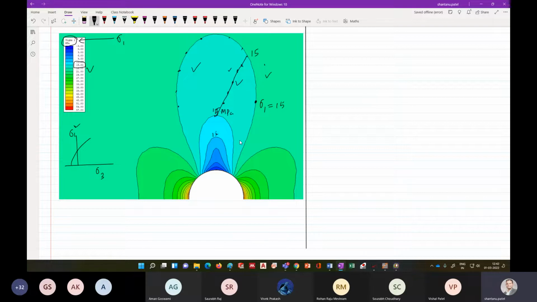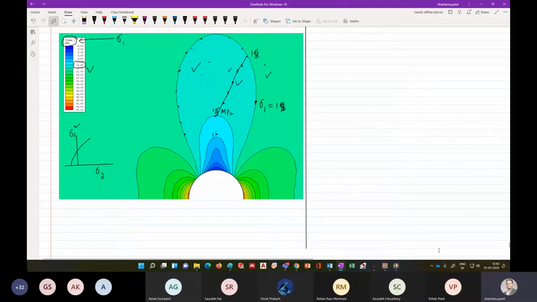Yes, 12 and 15, and 15 to 18. So all these points are 18 MPa. After this calculation, if we increase the number of contours here, it will tell us the principal stresses around the opening.